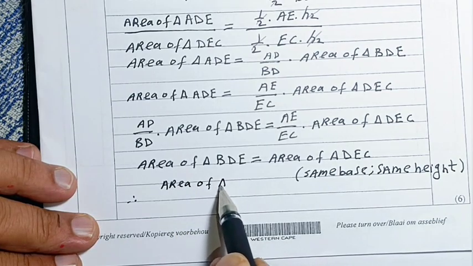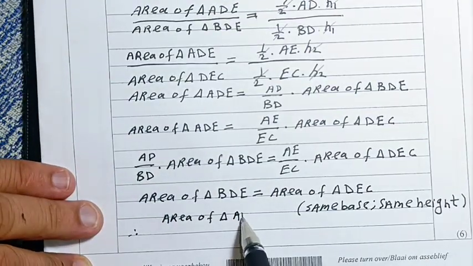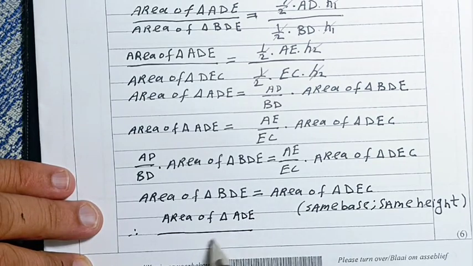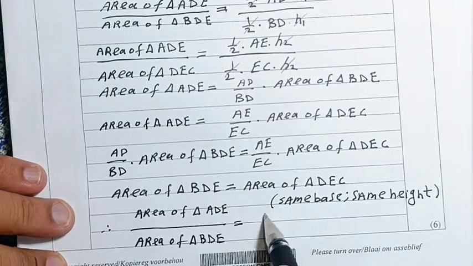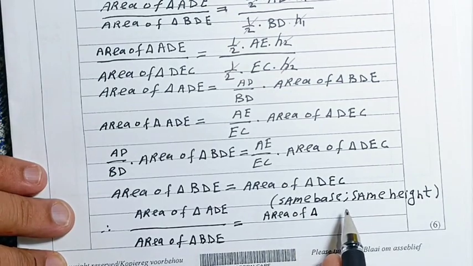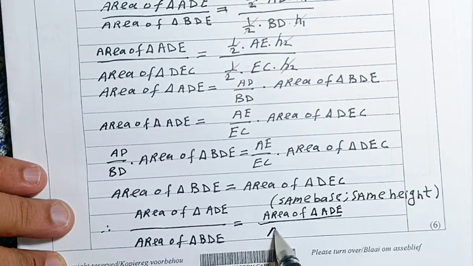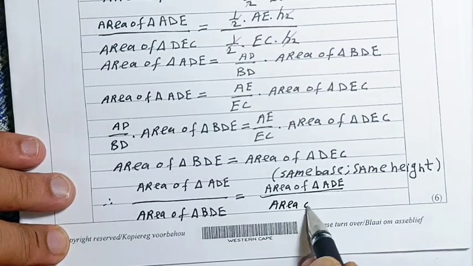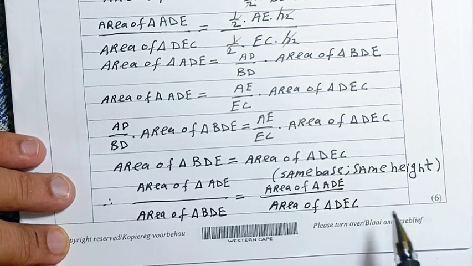So the area of triangle ADE, remember we started with ADE, over the area of triangle BDE is going to be equal to the area of triangle ADE over the area of triangle DEC.